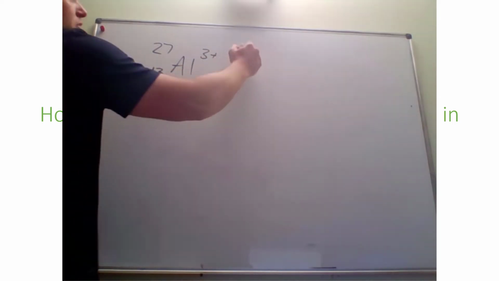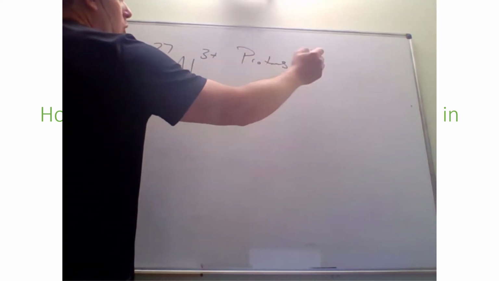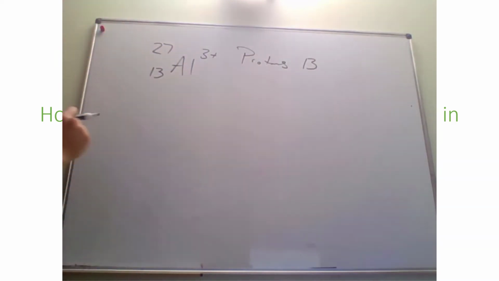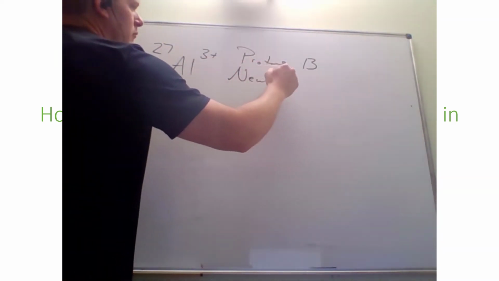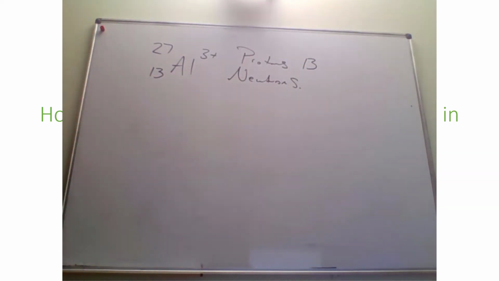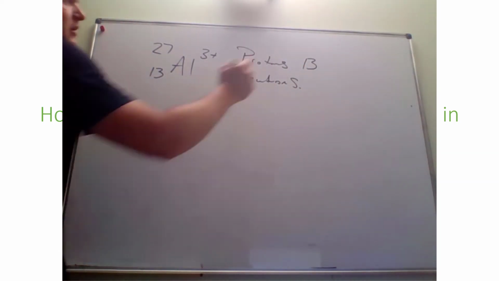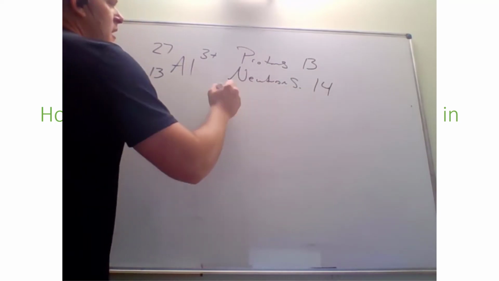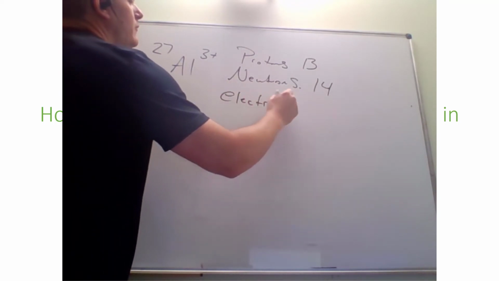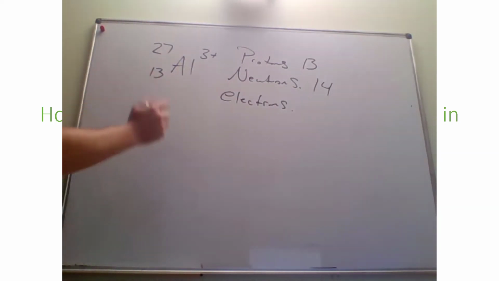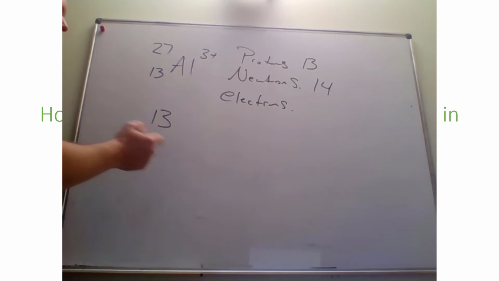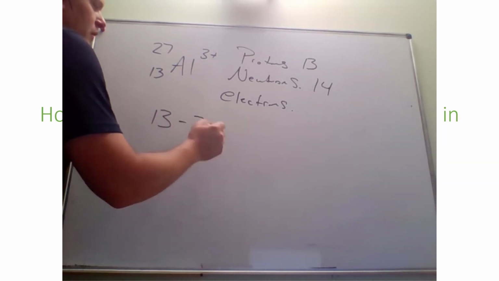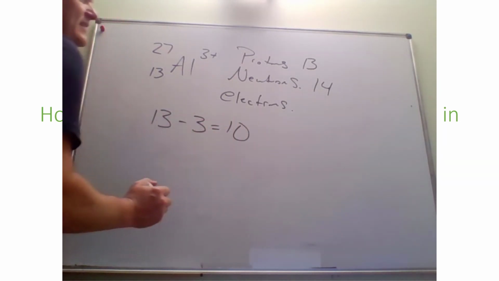So our number of protons will be 13, which is our atomic number. Our number of neutrons, you take our mass number minus our atomic number, so that's going to be 14. And then our electrons, for a neutral molecule, it would be 13 electrons. But here we have a 3+ charge, which means that 3 of those electrons have been stripped away. So if we subtract 3, that leaves us with 10.